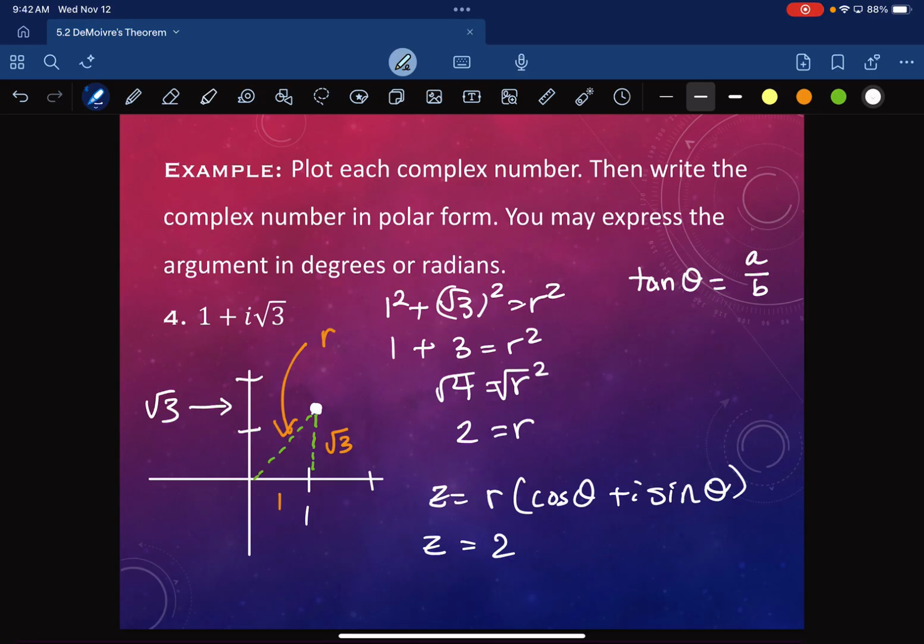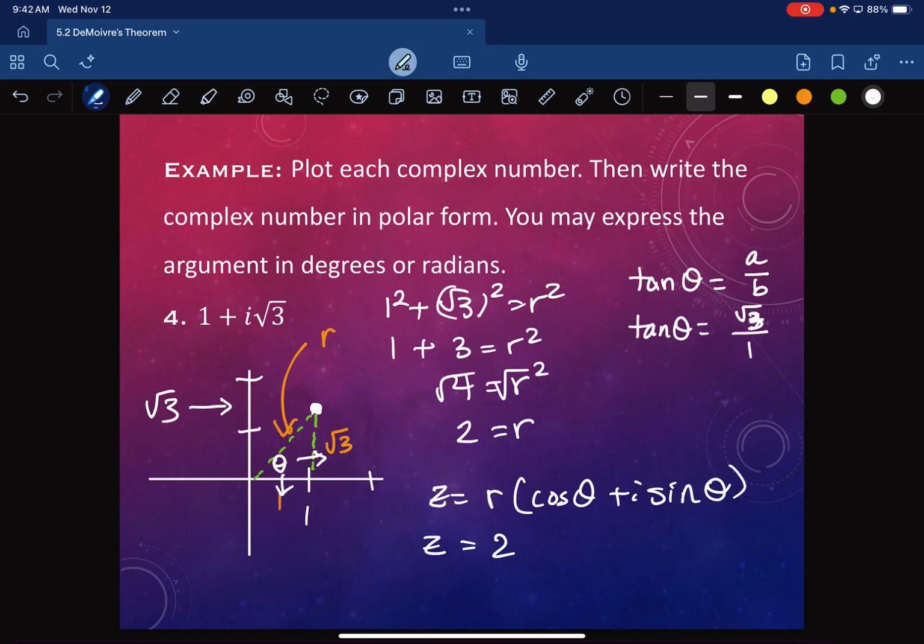We know what A and B are. A is the square root of 3 and B is 1. Right, here's my angle theta that I'm referencing here. Tangent is opposite over adjacent. So tangent of theta equals square root 3 over 1.